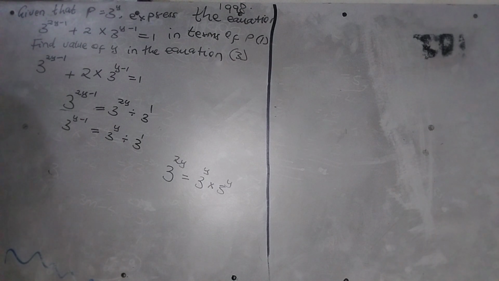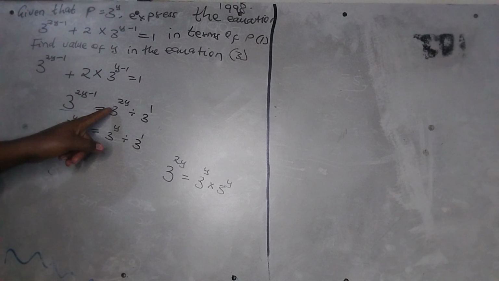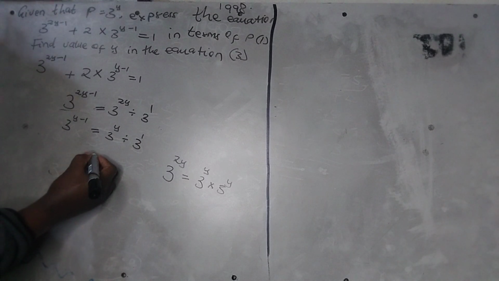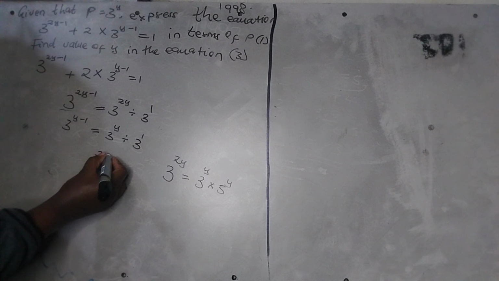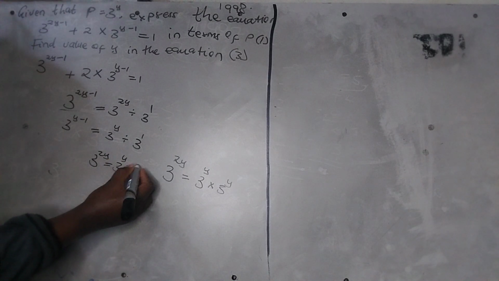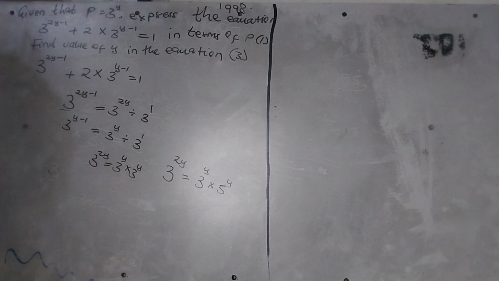So wherever there is a 3 to power 2y, it will be simpler for us to replace it with 3 to power y times 3 to power y. Good.